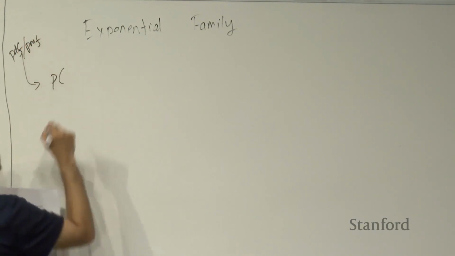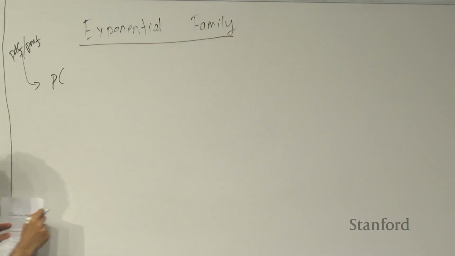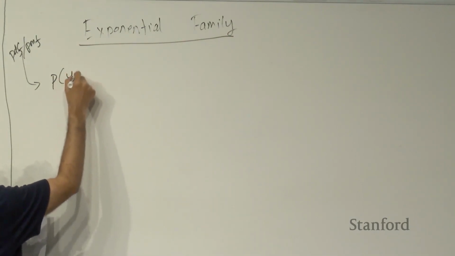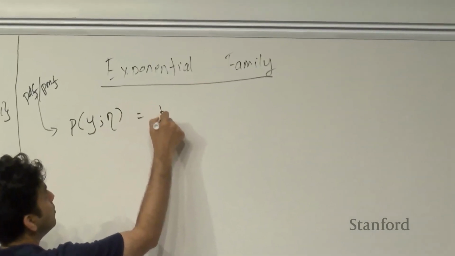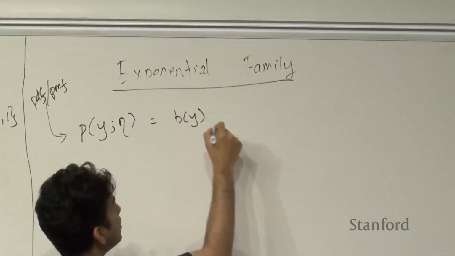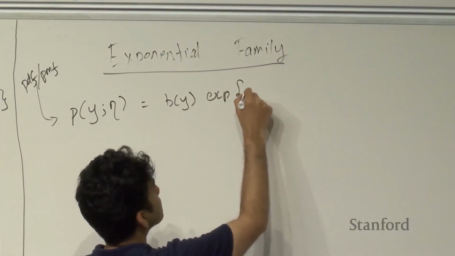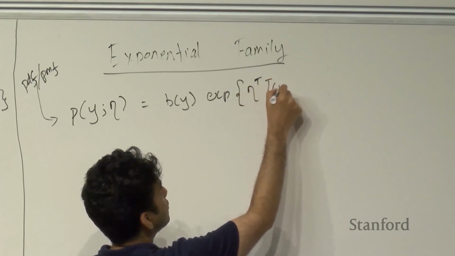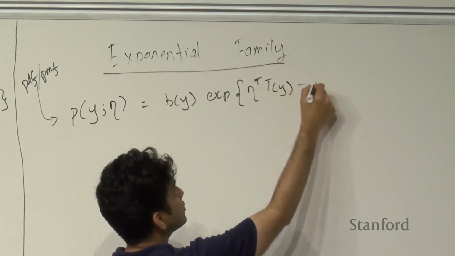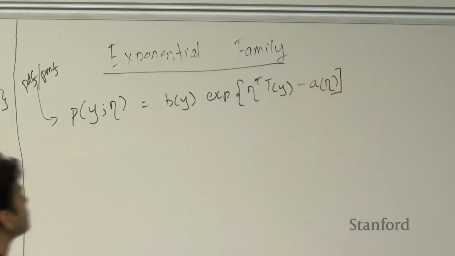An exponential family distribution is a probability distribution whose density has the form P of y parameterized by eta equals b of y times exp of eta transpose T of y minus A of eta. This is a cryptic looking expression.